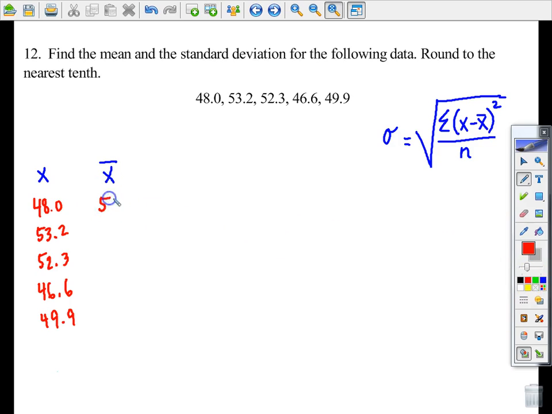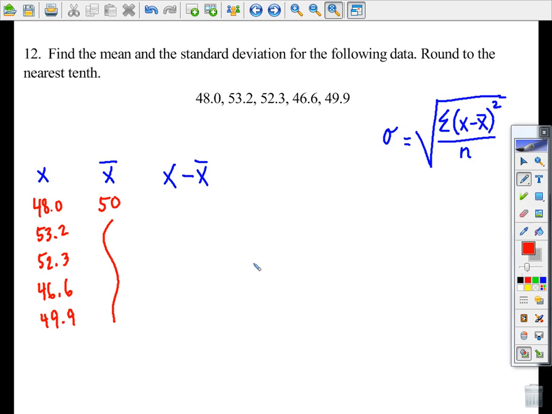All right, so instead of writing that 4 more times, I'm just going to show this whole column filled with the number 50. Okay, the next column should read the original number in my data minus the mean.